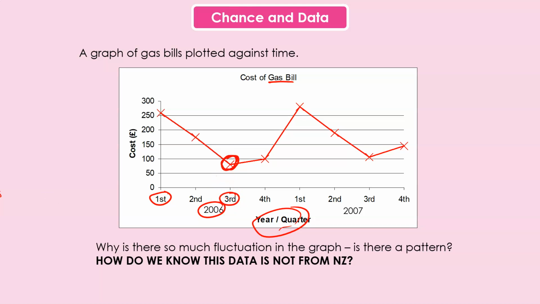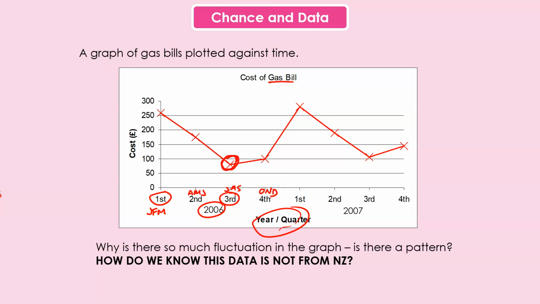If we think about our months, the first quarter would be January, February, March. The second quarter would be April, May, June. Then we have July, August, September, and then October, November, December.